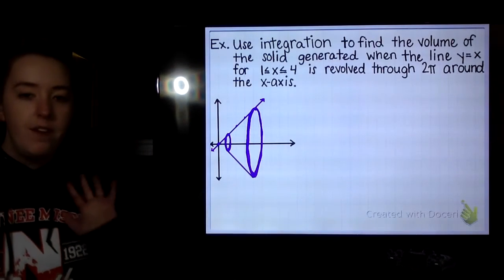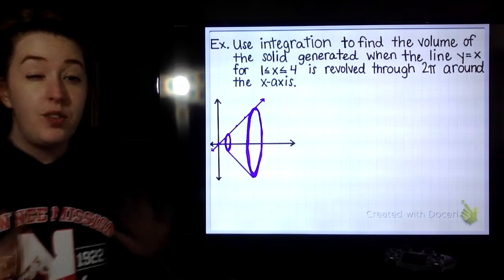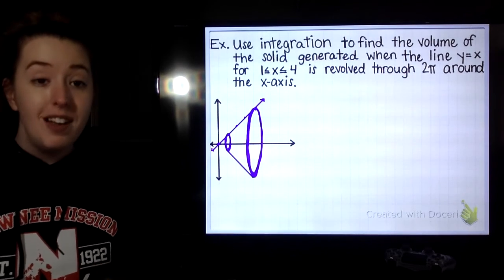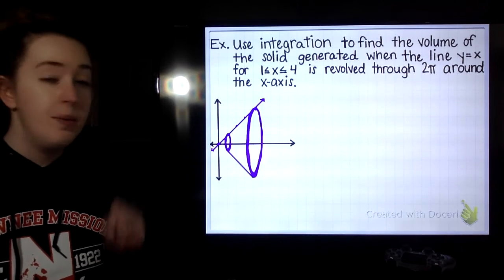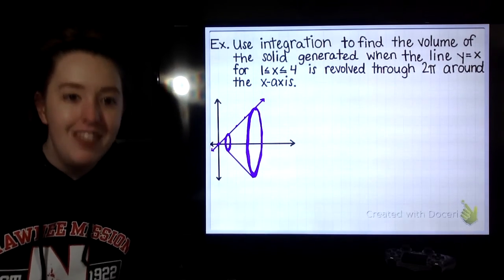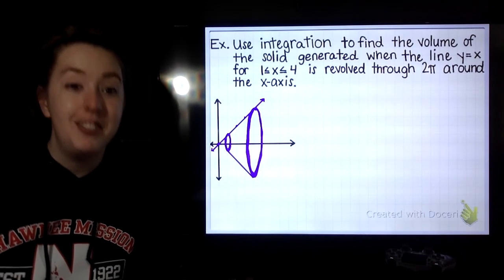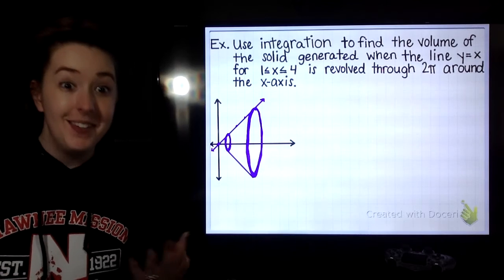So we want to find the volume of this thing. Let's first go ahead and set up an integral and figure out what the volume is. And then I want to go through and find the volume using geometry, because I think it's kind of fun to see, wow, that really does work.